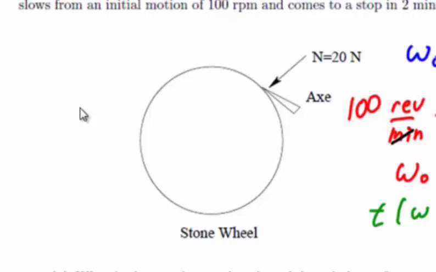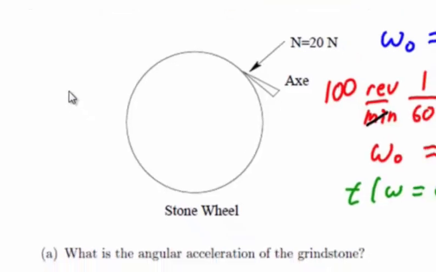If we only had a normal force, that normal force would serve to neither speed up nor slow down the grindstone. However, the friction, since it will oppose sliding, will generate a torque, and the torque will cause the grindstone to come to rest. We know that the normal force is 20 newtons, and so the force of friction is going to be mu k times the 20 newtons, and that will assist us in setting up the torque equation that we need for part D.